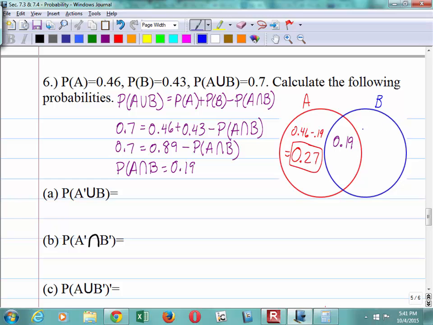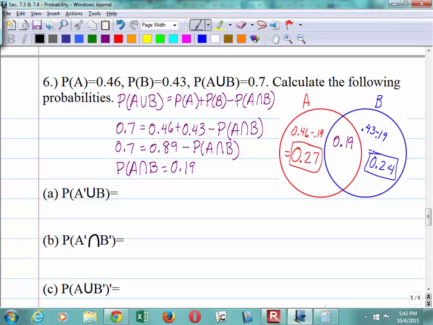And then B, that's 0.43 minus 0.19, so that's going to be 0.24 for that section.